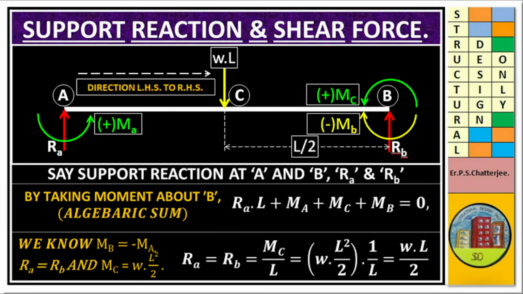We know MB is equal to minus MA, RA is equal to RB, and MC is equal to WL square by 2. Sorry, MC is equal to WL square by 2. RA is equal to RB is equal to MC by L is equal to WL square by 2 into 1 by L is equal to W into L by 2.